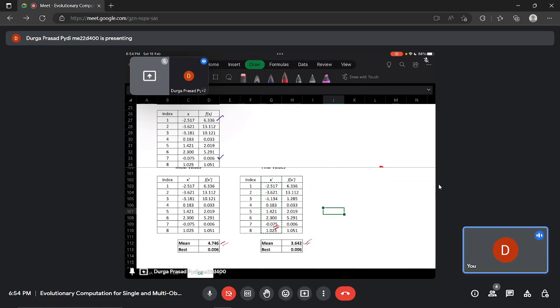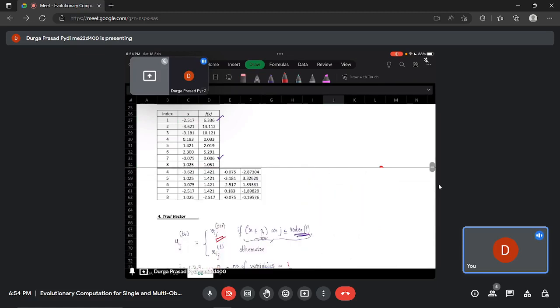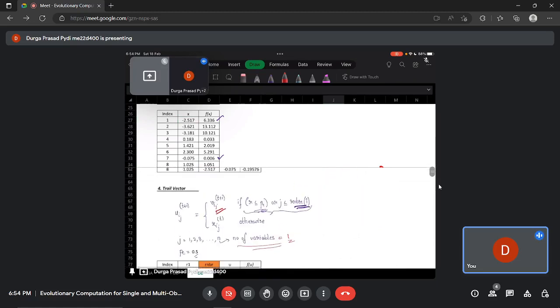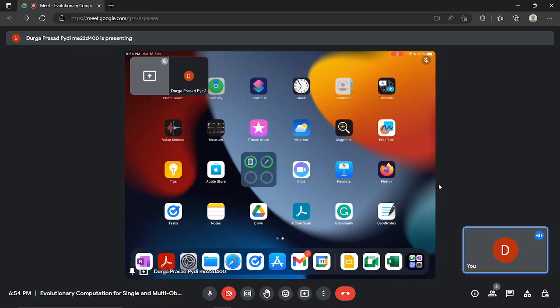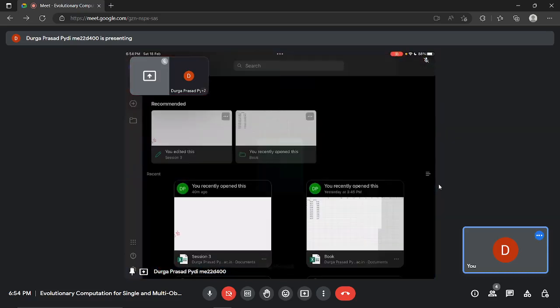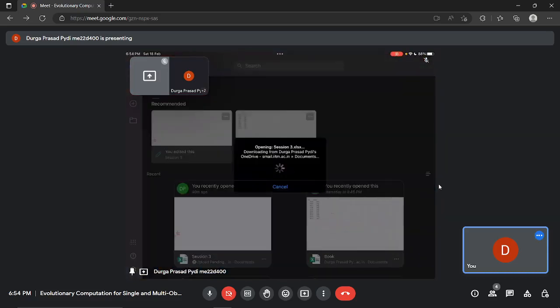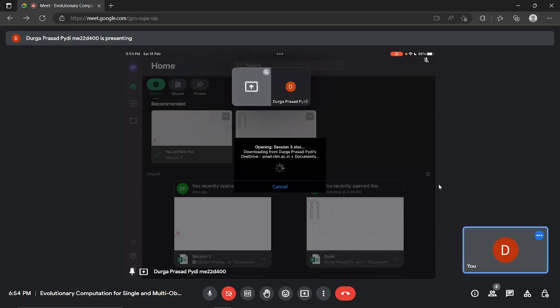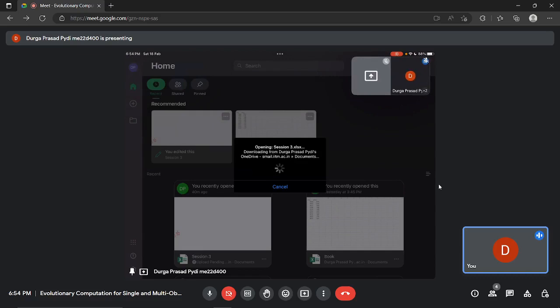As you can see here, in this particular differential evolution, there are not many parameters. The differential evolution technique we have discussed has only one parameter, PC, that determines your crossover rate.